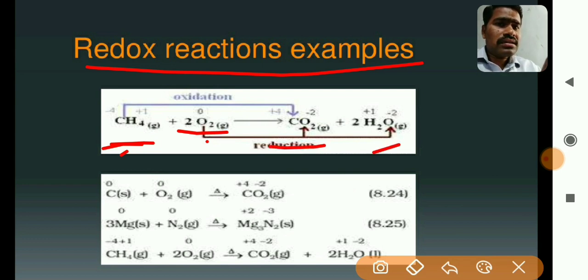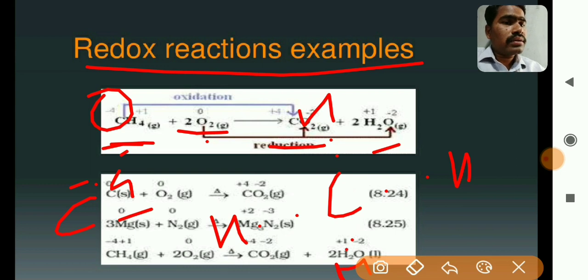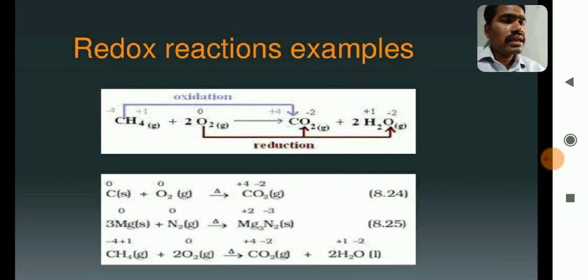Now if you see here, C, as we have seen earlier in the 9th standard, the valency of carbon is 4. Now 4 minus is written. I have told you that 4 is neither plus nor minus, but here it is written 4 minus. Why? Because to complete the octet of carbon, to bring 8 electrons in its outermost shell, it has shared the electrons of hydrogen.